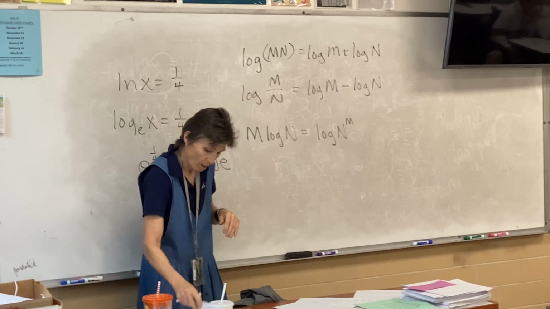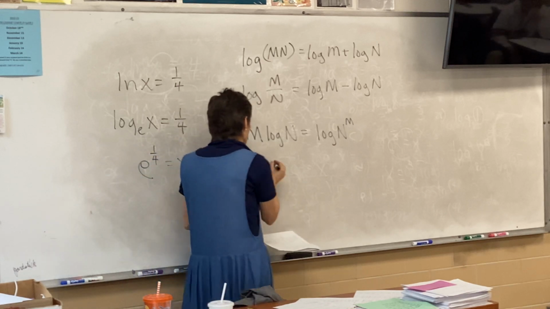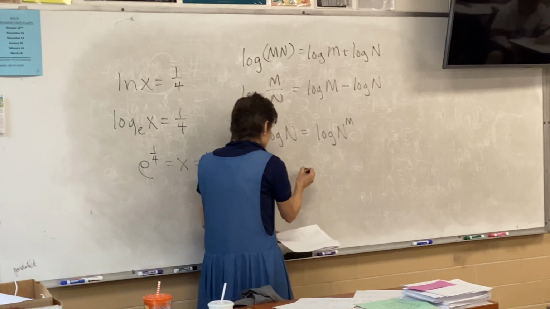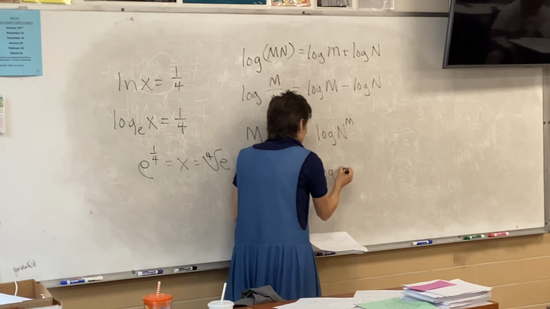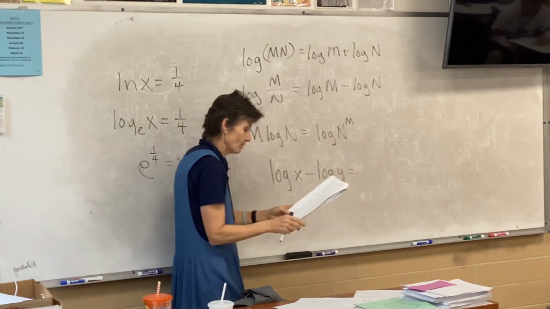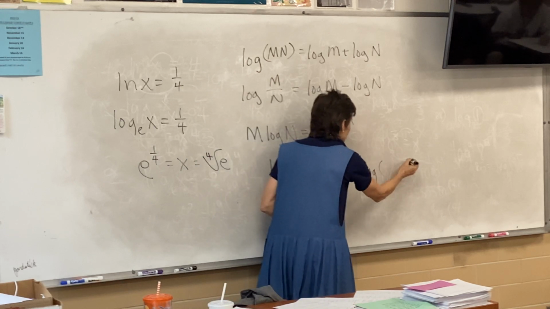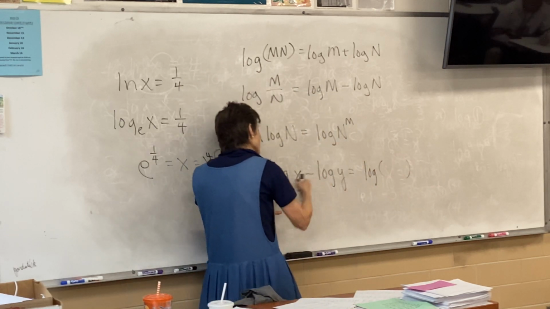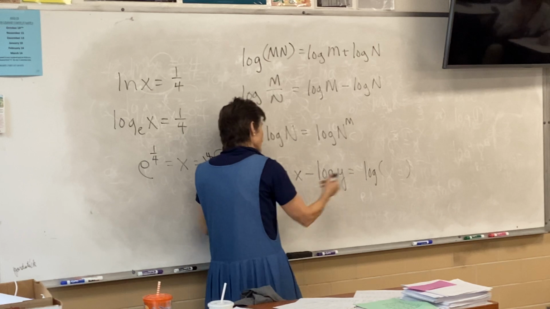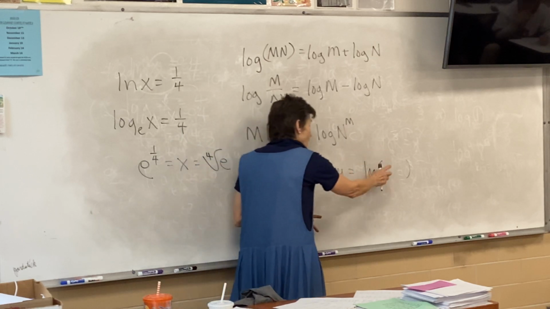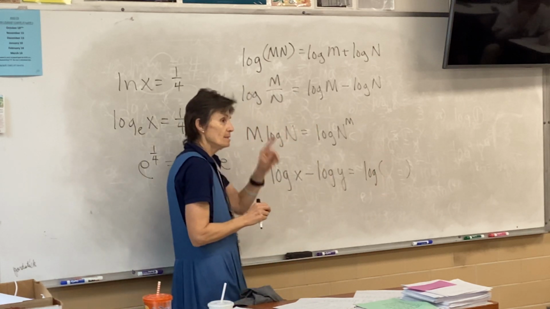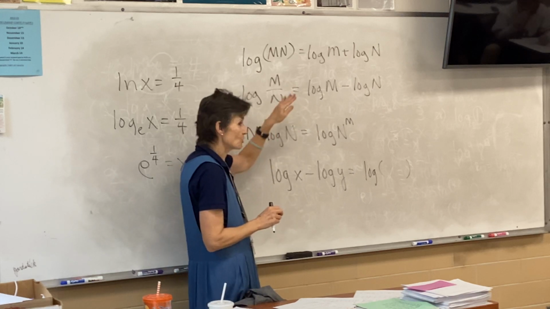So the first problem in 3.4 number 1 says, put this together as a single logarithm. So instead of having 2 logarithms, put them together and have 1. Now, I want you to look at your rules.